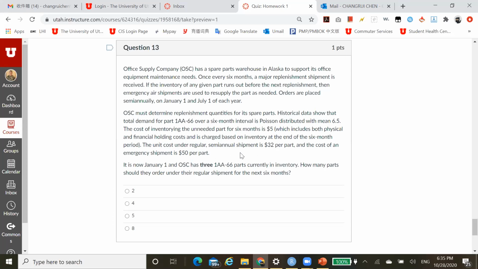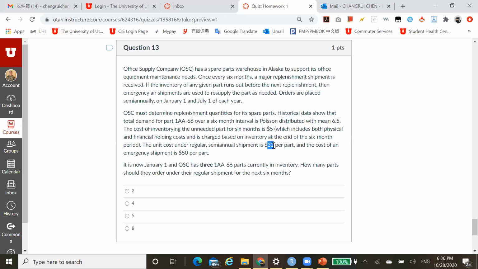So this one, your CU is going to be, I wish I could have one more part, but your CU is the emergency shipment has 2 parts: the original semi-annual shipment, $32, plus $18. So you pay 50, but you pay an extra $18 on top of your base shipment, $32.